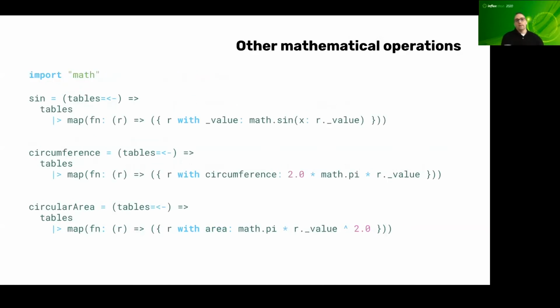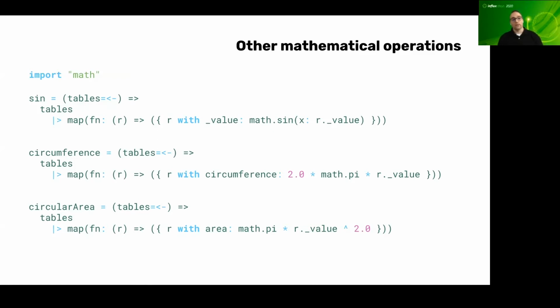Here are some other mathematical operations. Flux ships with a math package, which provides some really powerful primitive math functions to potentially create some really powerful mathematical transformations. Just as some quick examples, let's say I want a sign transformation that takes all my input tables and returns the sign of the value in the value column.